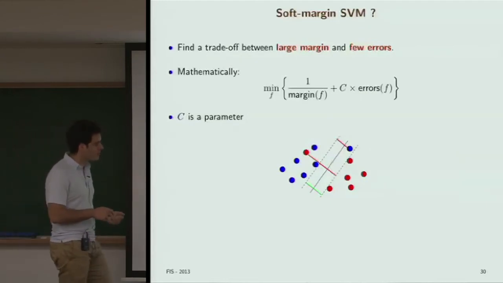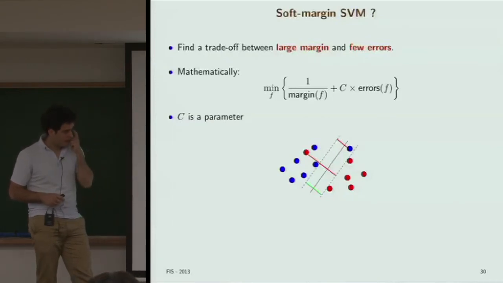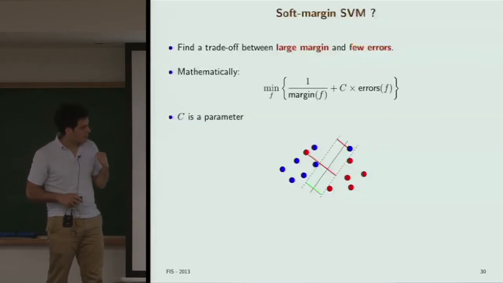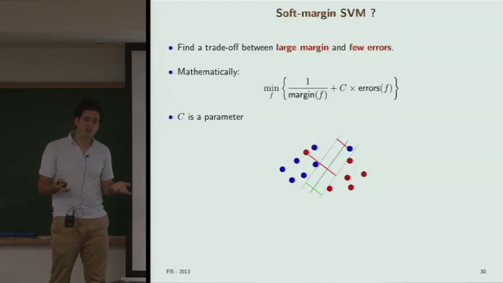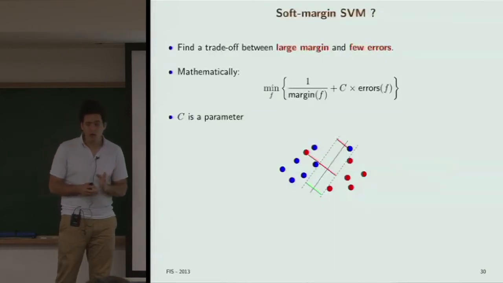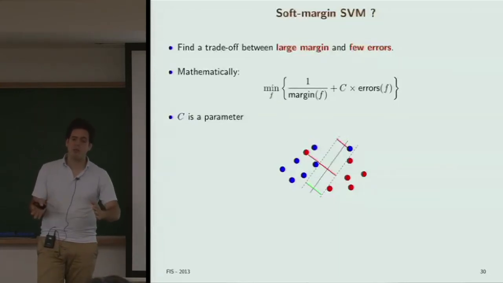C is basically going to control this balance. So for instance, if you have a C coefficient which is very, very large, then the only thing that you will want to look for is a hyperplane which makes as few mistakes as possible. If on the other hand you put a C here which is small, then you will disregard a lot of the mistakes and you will just look for a hyperplane with a high margin.